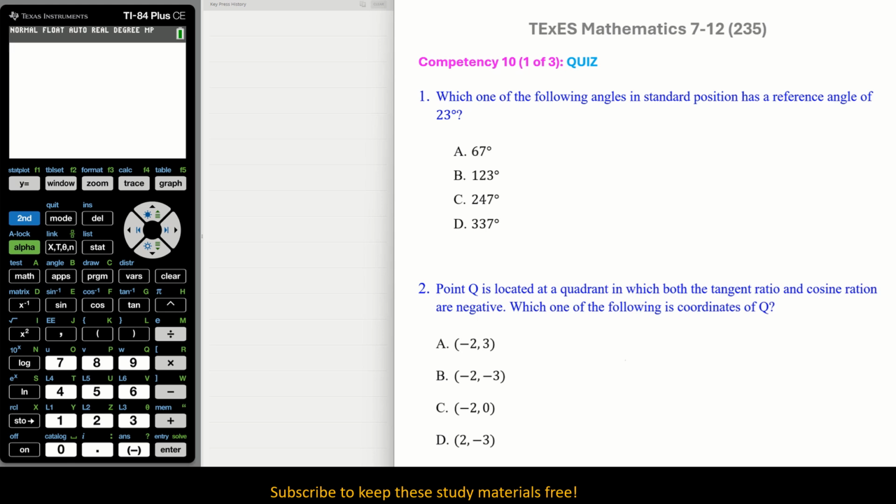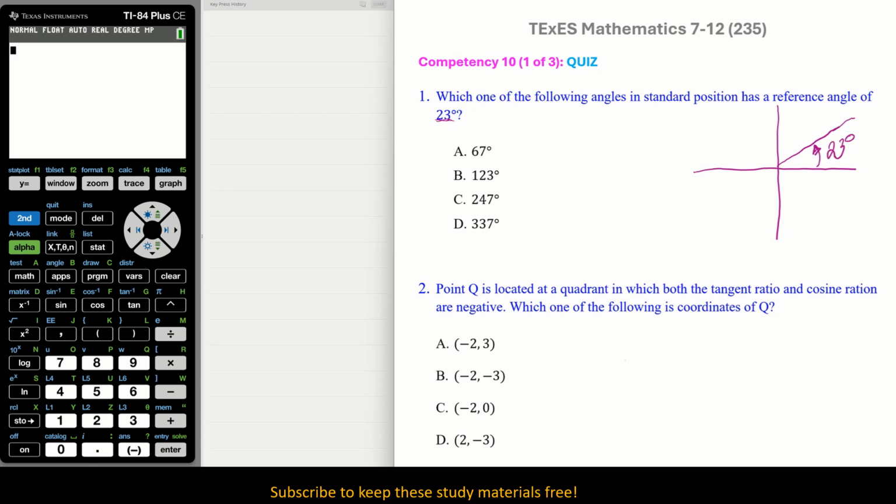Number 1, which one of the following angles in standard position has a reference angle of 23 degrees? Okay, in this situation, because it's 23, we only have two choices. That means we have 23 going this way.